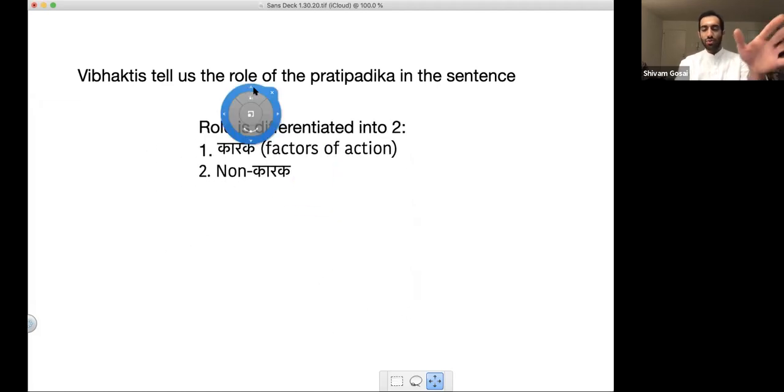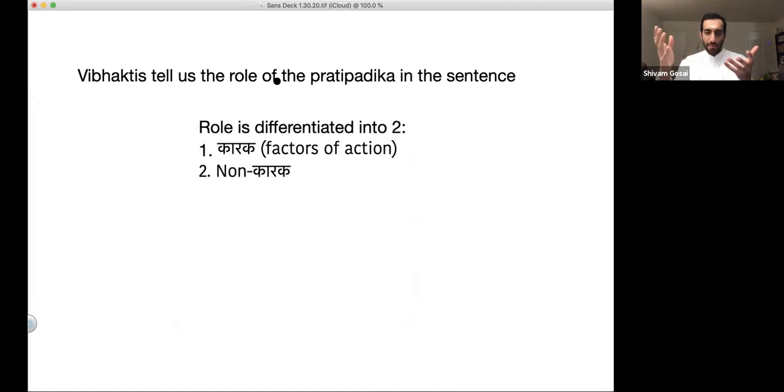So it tells us the role of the pratipadika, but that role can be separated into 2. It can tell us a karaka or a non-karaka.